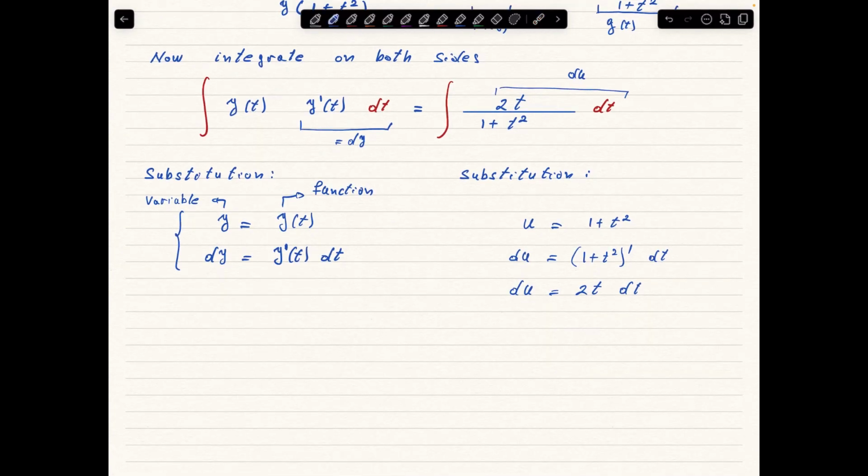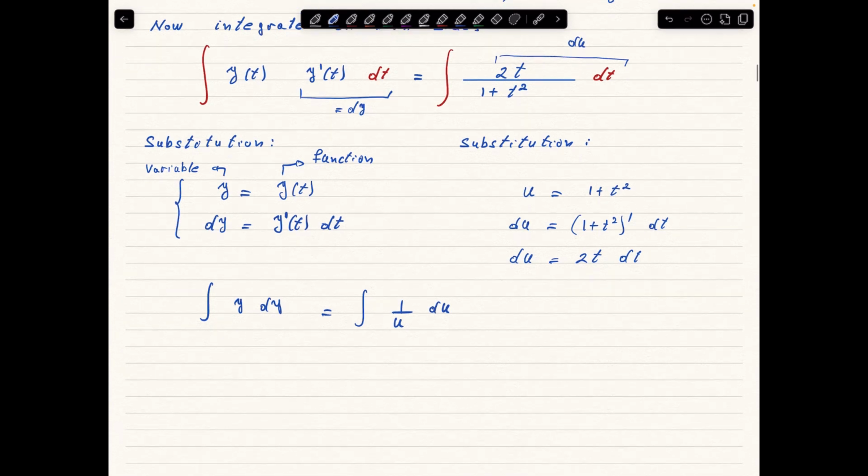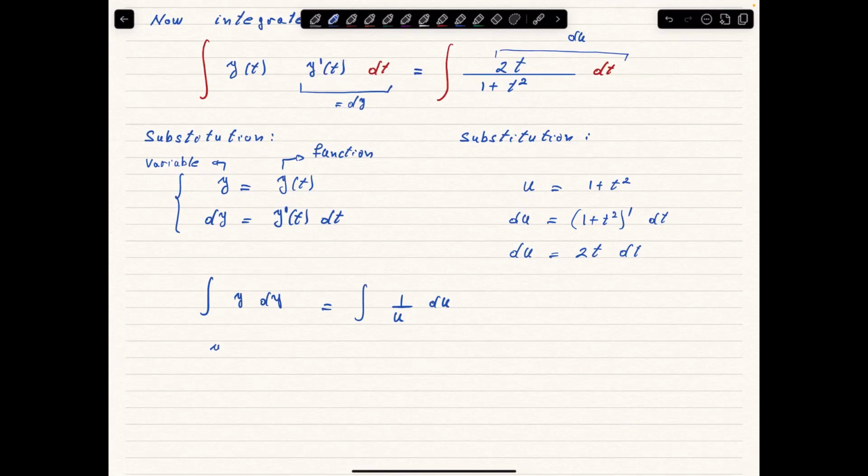So doing both substitutions, on one side we have the integral of y dy. On the other side, we have the integral of 1 over u du. Both integrals can be done in a very simple way. Here we are going to have y squared over 2 plus a constant c0, and here we are going to have the natural log of the absolute value of u plus another constant c1.